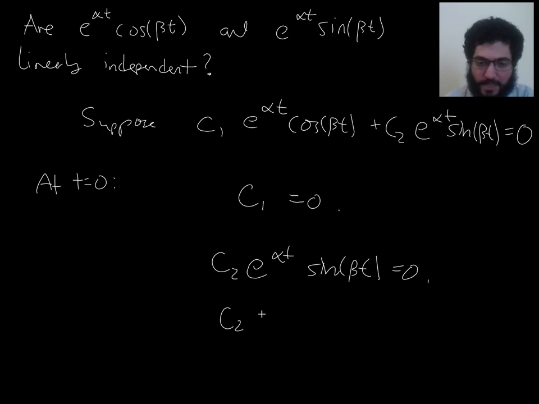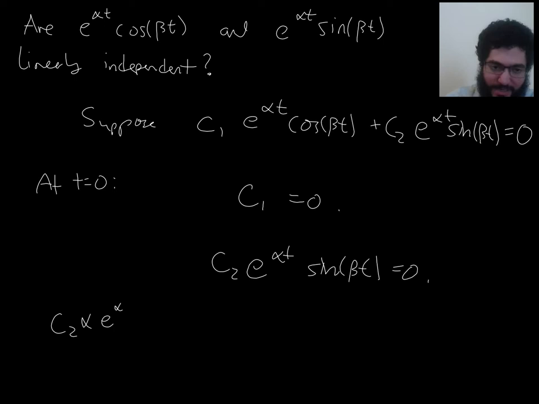So if you take a derivative, then you have to use the product rule. So you get C2 alpha e to the alpha t, that's when the derivative hits this term, times sine beta t. And when the derivative hits this factor here, we get beta cosine beta t.